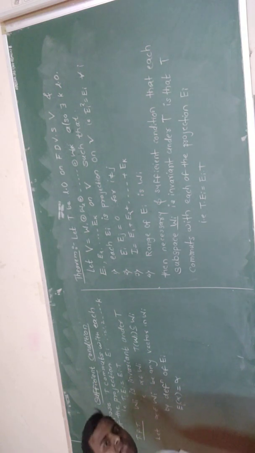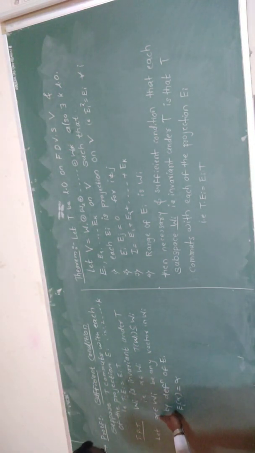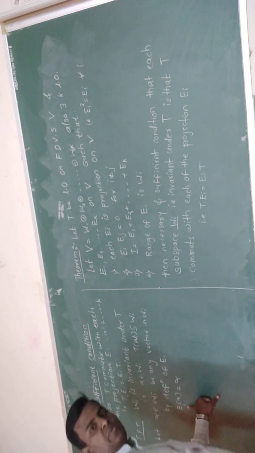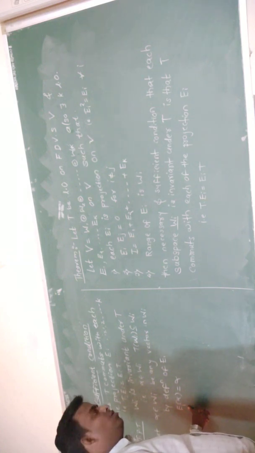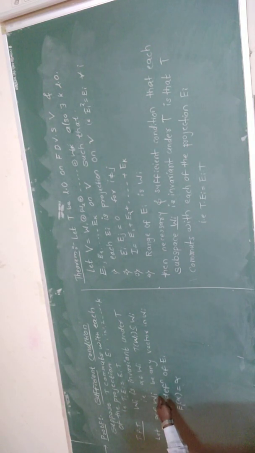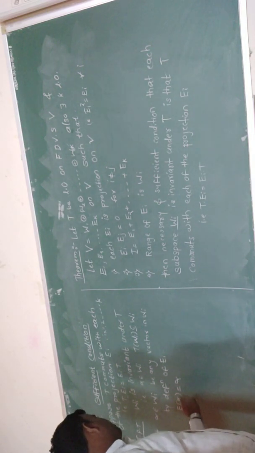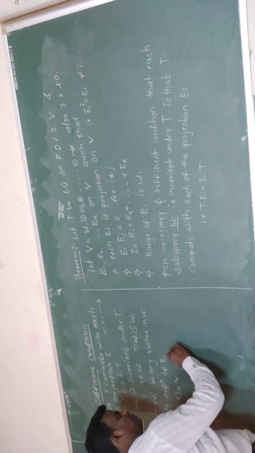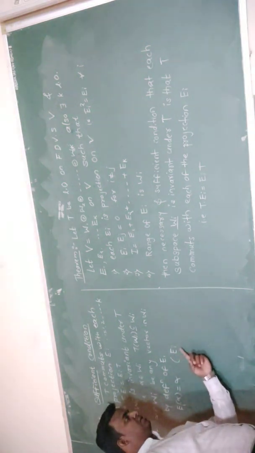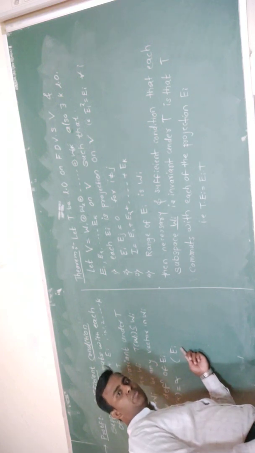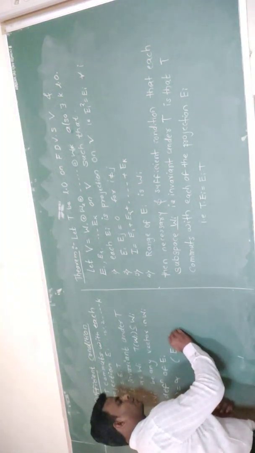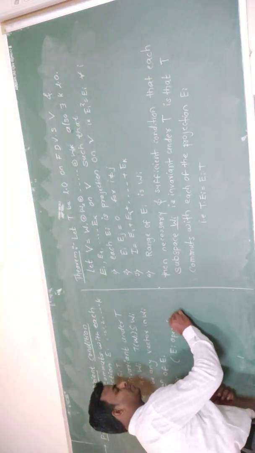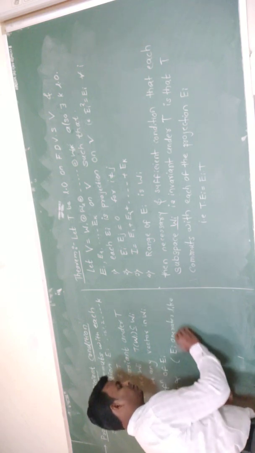How is it? Since alpha belongs to Wi, each Ei operates like the identity operator on Wi. Hence Ei of alpha is alpha.